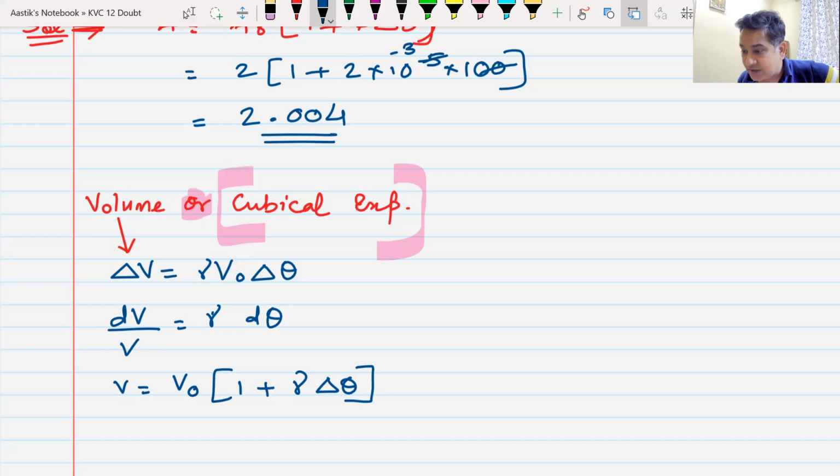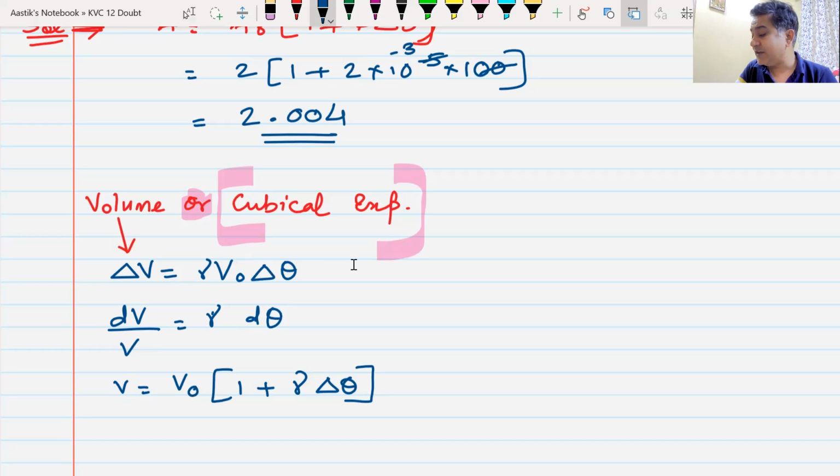So whatever we had done for expansion in volume for a solid is the same formula also valid for expansion in liquids. Do we understand this? Yes or no?